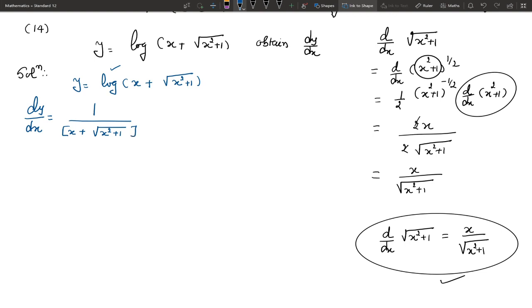We have used the formula d by dx of log x, it is 1 upon x. Now inside you can observe it is function of x.